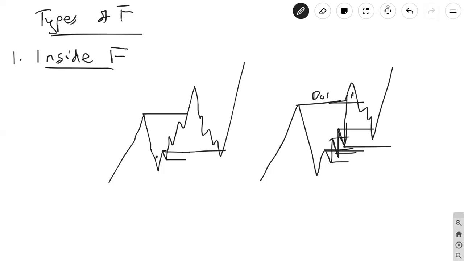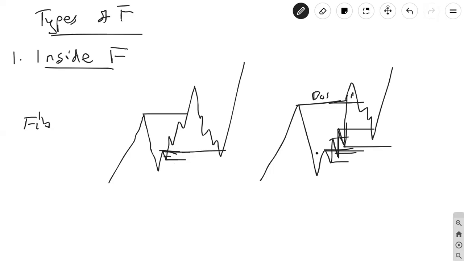To be sure that the formation is already consumed, you have to use the tool called Fibonacci. You must measure the formation and see whether 50% of that structure was consumed.